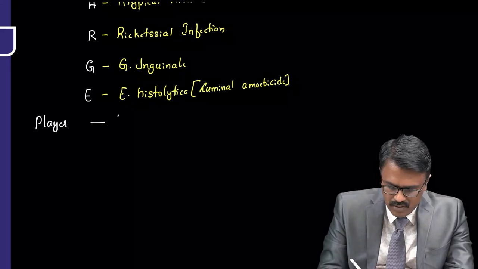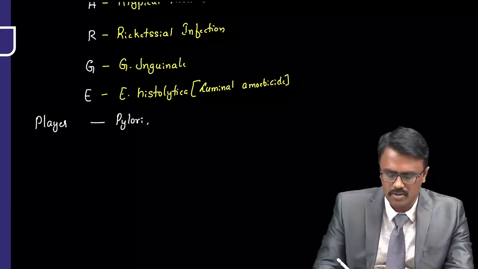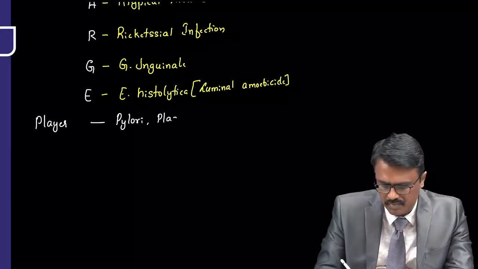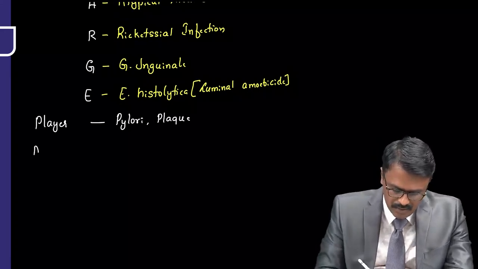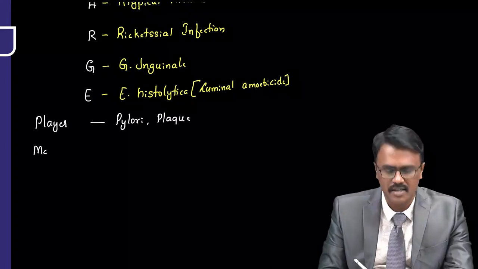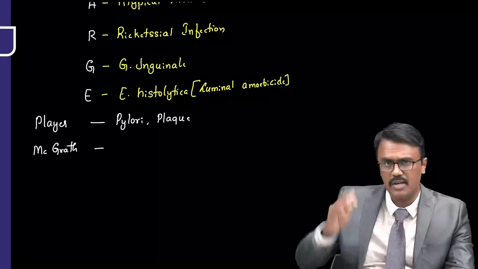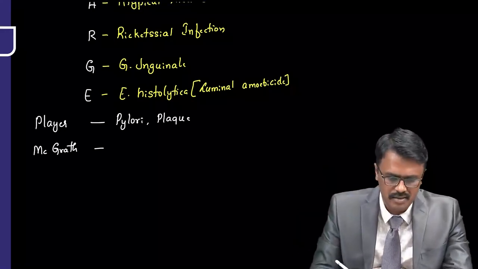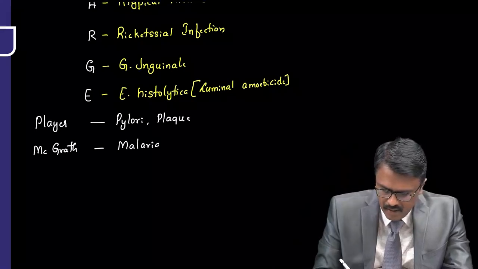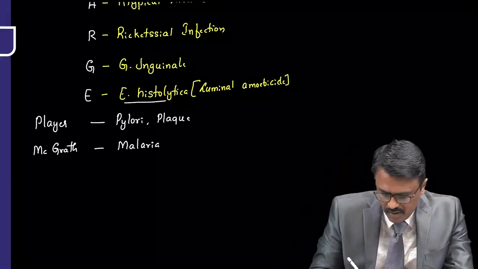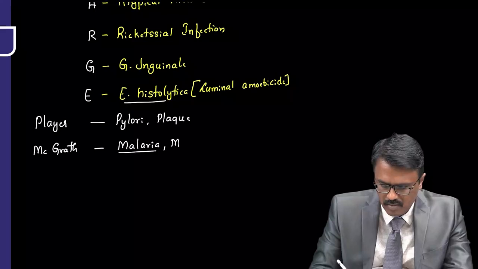The large player stands for: it is used in H. pylori eradication, and also plague. Then who is the large player of this thing? Australia's McGrath. He used to bowl fast. He is a very tall, large player, McGrath. McGrath for malaria. Now I told you why they are broad, because they also act on protozoa, malaria, and also Mycoplasma.